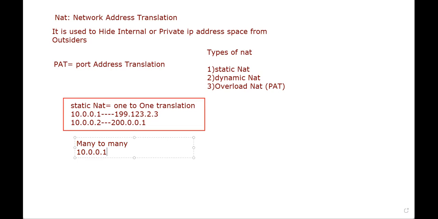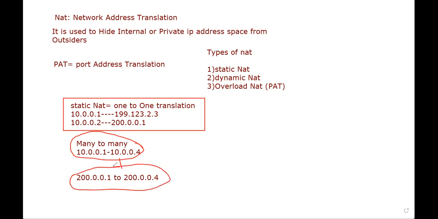Many to many means you have a range of IP addresses, and the whole range changes into a specific range. For example, the range 10.0.0.1 to 10.0.0.4 changes entirely to 200.0.0.1 to 4. But why do we not use dynamic NAT nowadays?